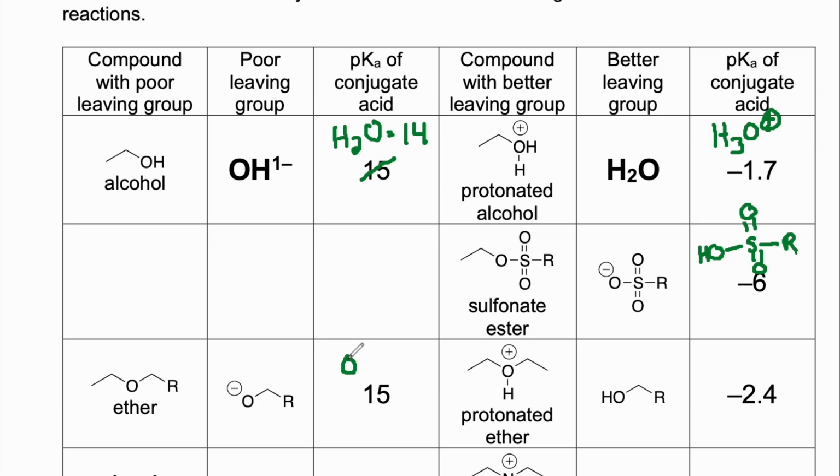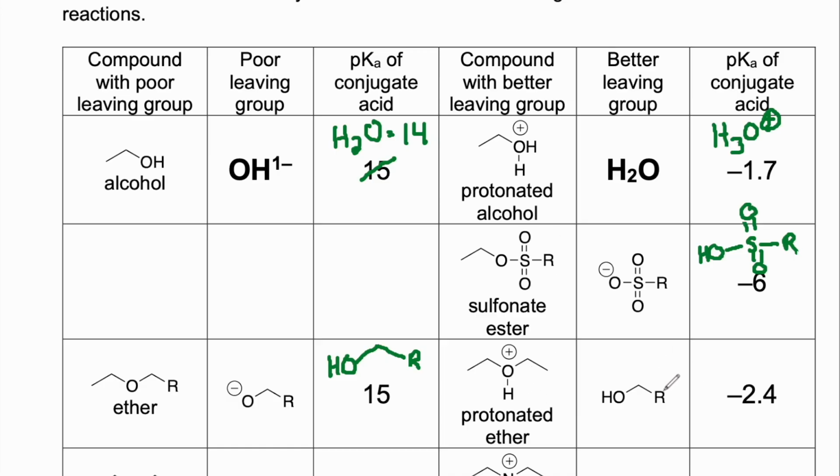So now we are correct in saying that the pKa of an alcohol is 15. It's slightly less acidic than water. So we have a stronger base even than hydroxide, this alkoxide ion, because the acid is a little bit weaker. We have a very strong base. This makes a very bad leaving group. To make this a good leaving group, we can't convert this into a sulfonate ester, but we can do what we did in that first column, and we can give it a proton.